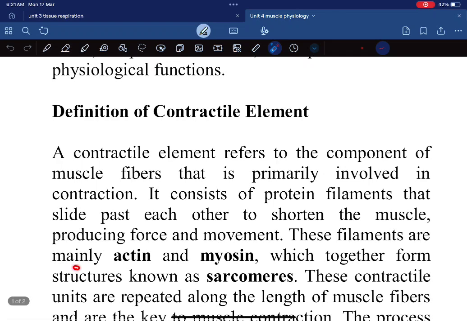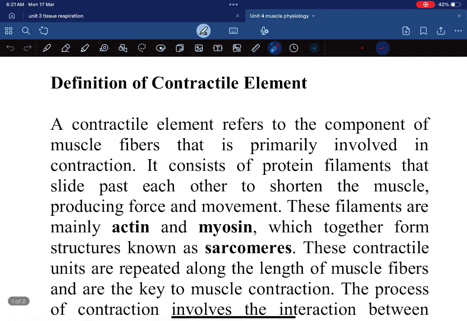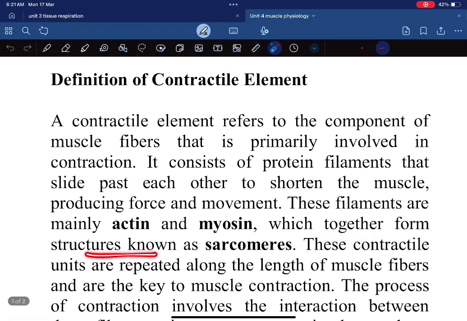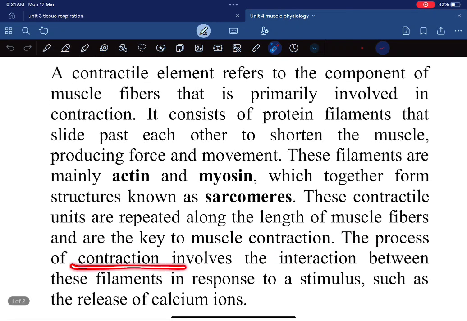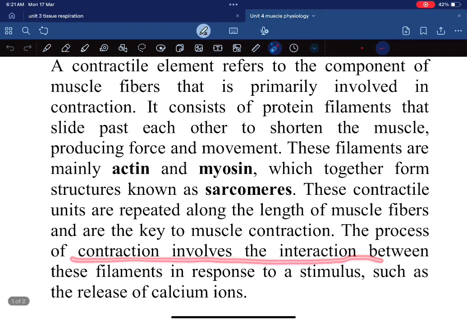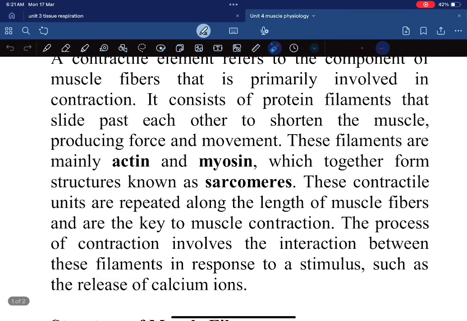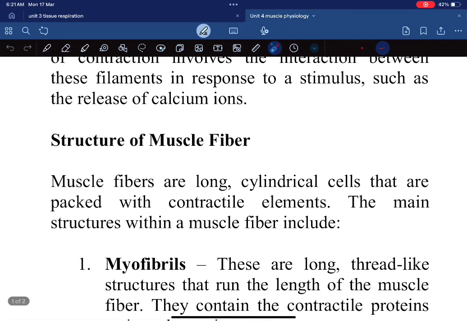These filaments are mainly actin and myosin, which together form a structure known as sarcomere. These contractile units are repeated along the length of muscle fiber and are the key to muscle contraction. The process of contraction involves the interaction between these filaments in response to a stimulus, such as the release of calcium ion.